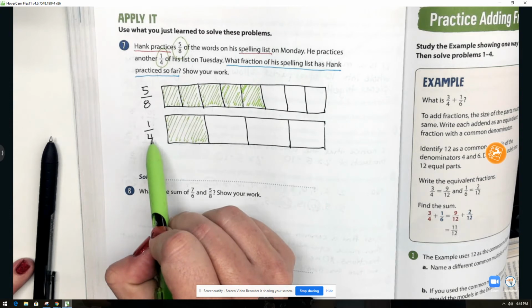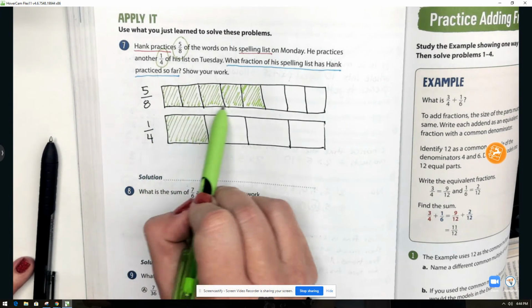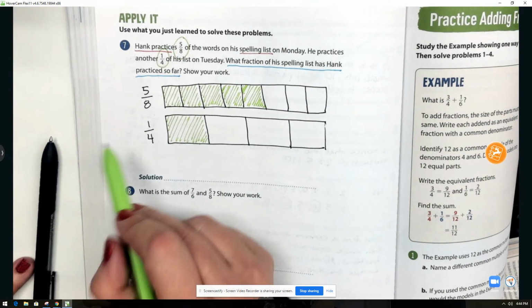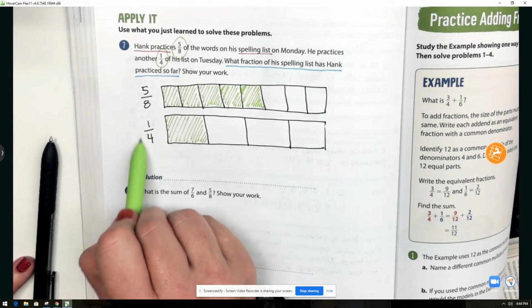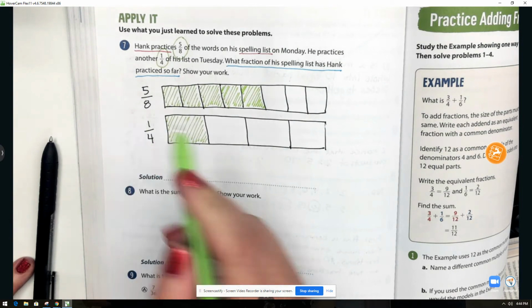And in this case, I know that 4 times 2 is 8. So that tells me I can actually leave the 5/8 alone, and I just need to find an equivalent fraction of 1/4 to make it into an 8th.